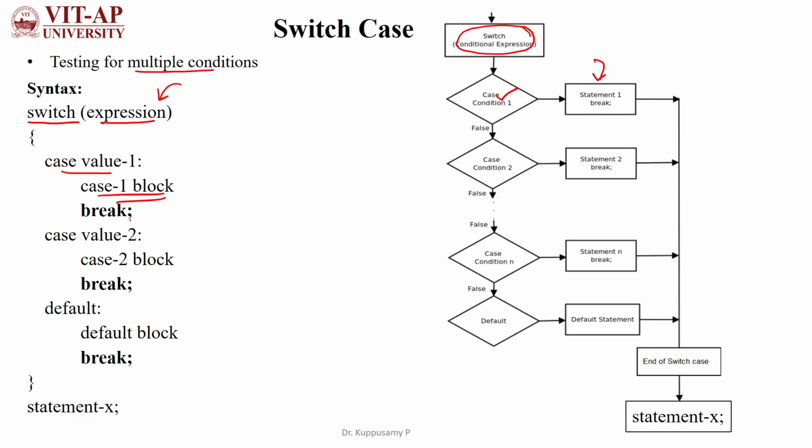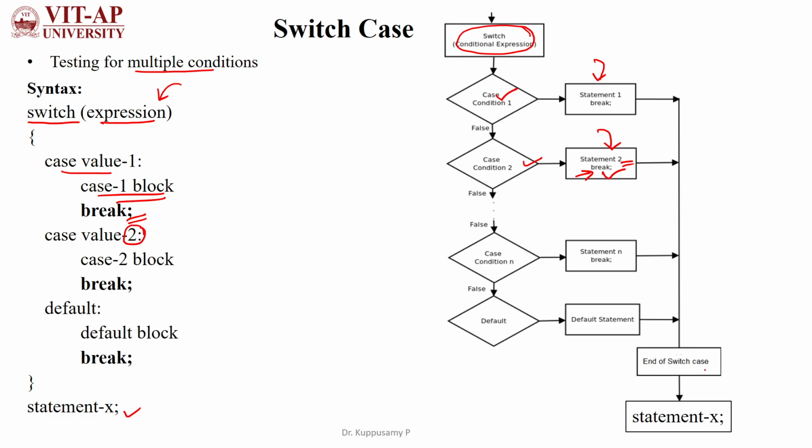Then after the execution, break that block. Break that first case, then it will come out of the switch case statement. Otherwise, if the second case is true, then the statements available in the second case will execute. After the last statement, break will be applied to end the execution of case 2.